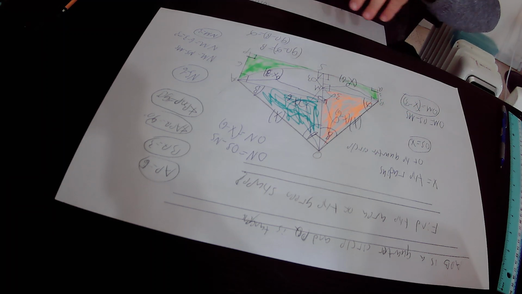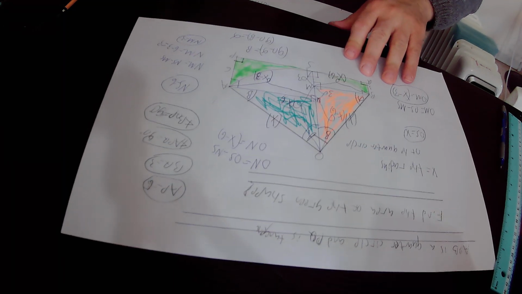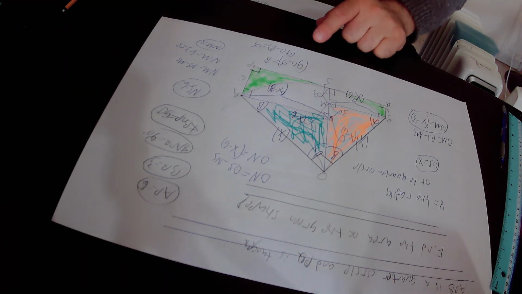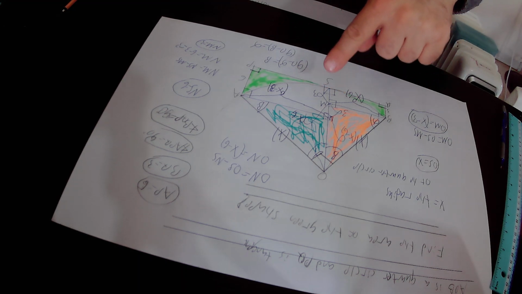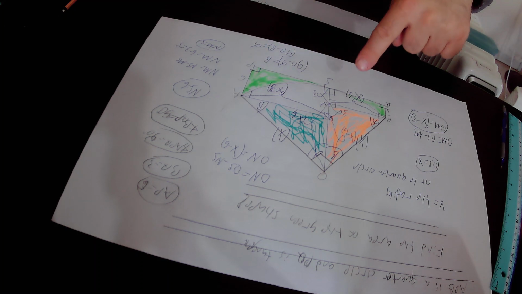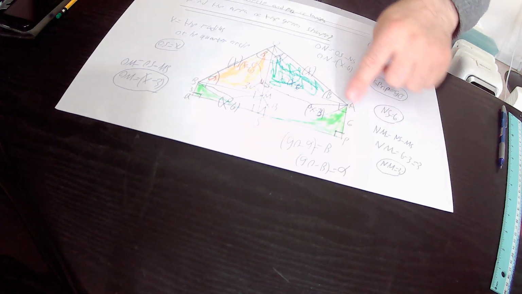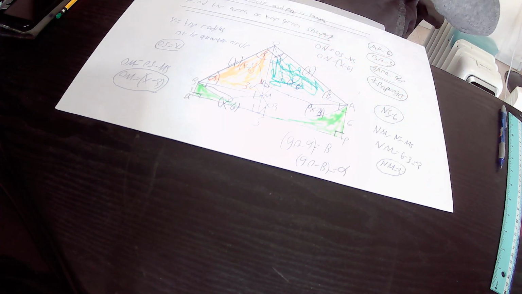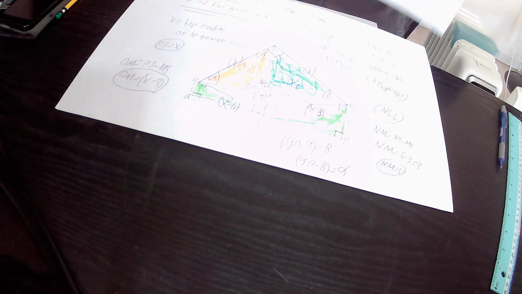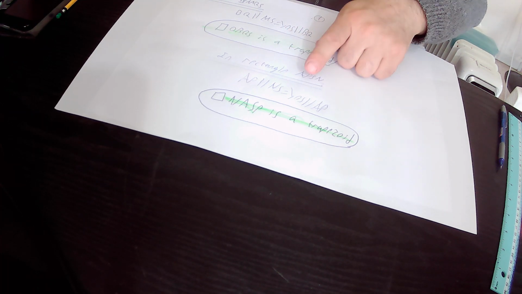And we also have the rule that the opposite sides of a rectangle are parallel to each other. So in rectangle APSN, side AP must be parallel to the opposite side NS, according to the rule that the opposite sides of a rectangle are parallel to each other.